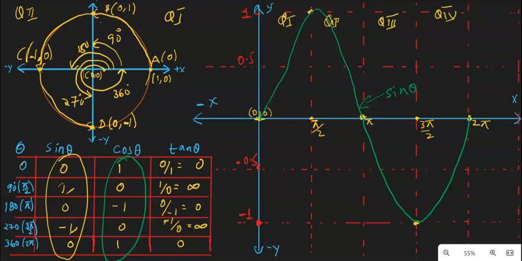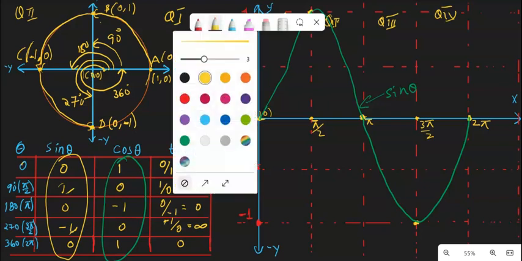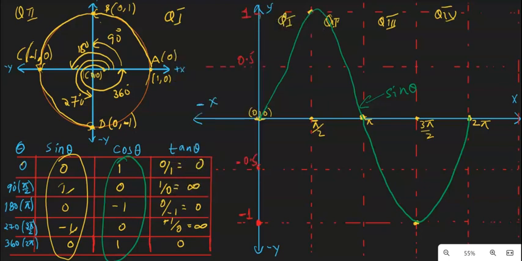So at 0, the cosine value is 1 here, and at pi over 2, it was 0 here.